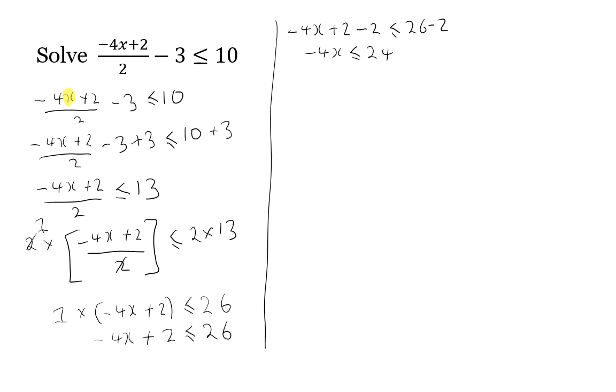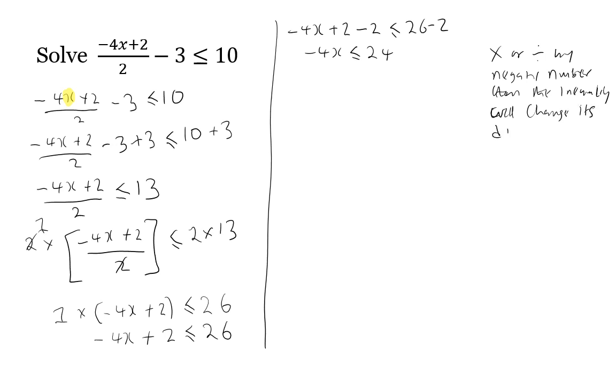So now to find x, we have to divide both sides by minus 4. But in inequality, you have a condition that if you multiply or divide by a negative number, then your inequality will change its direction.